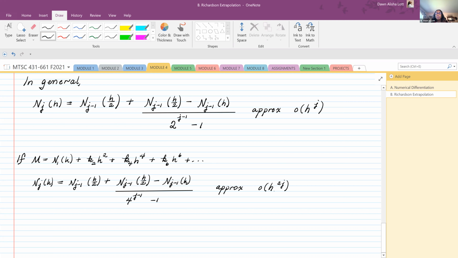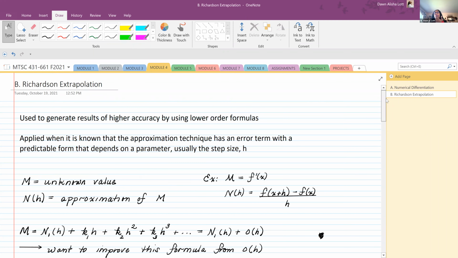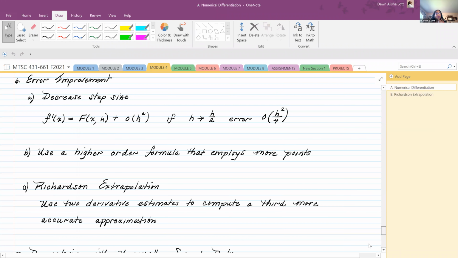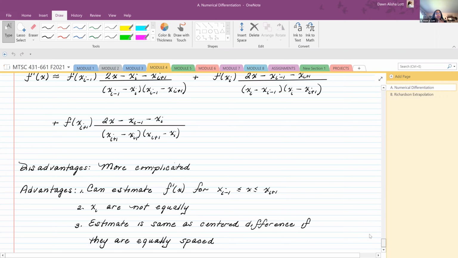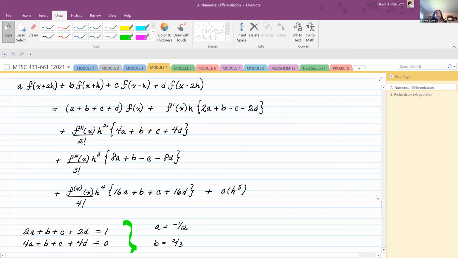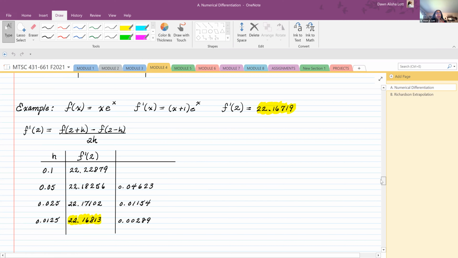Okay, so we did an approximation earlier, so I need to go back and find it. Yep, it was in numerical differentiation. It was my last example, I believe. Here it is. So this was a central difference approximation.